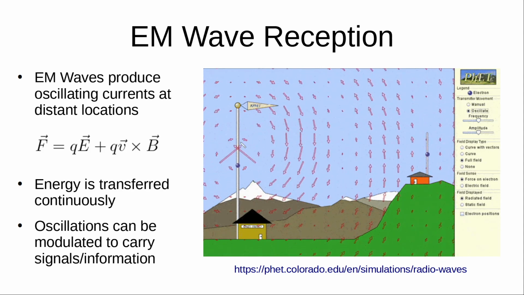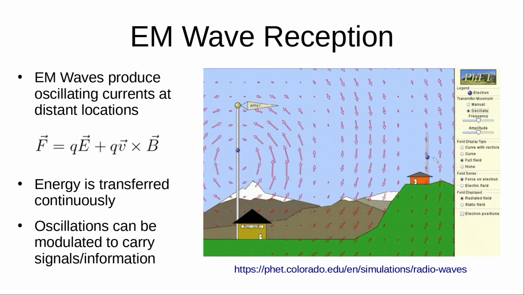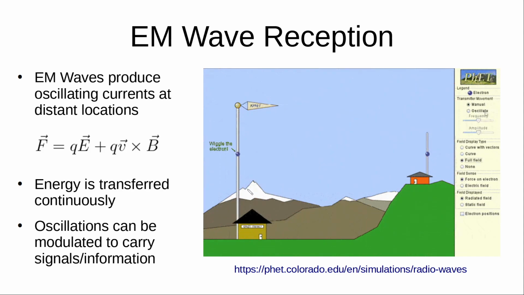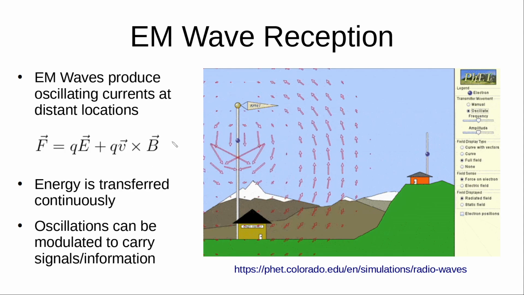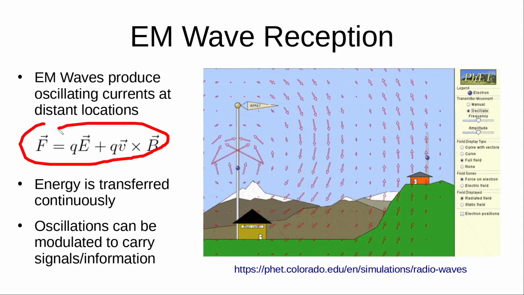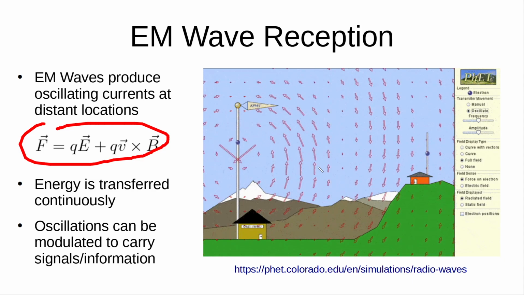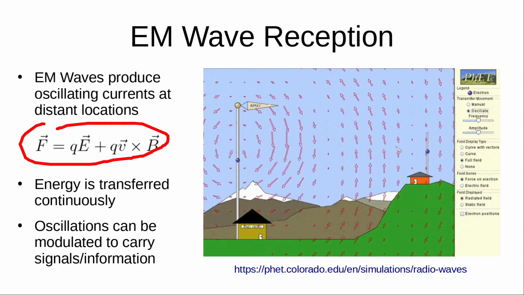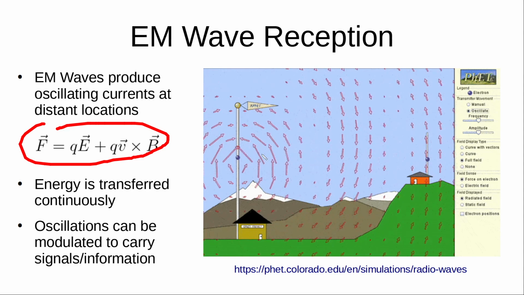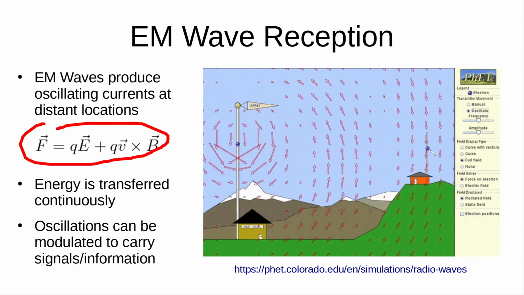A moving particle can exert magnetic forces on another charged particle, and a charged particle can also exert electric forces, and that's described by the Lorentz force here. So if we want to actually detect electromagnetic waves, we need them to interact with some other charge.